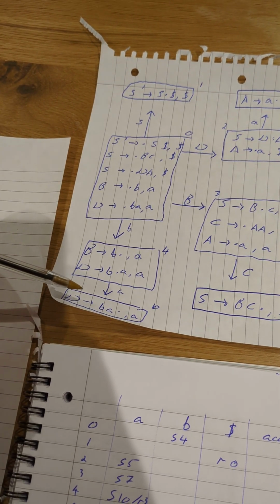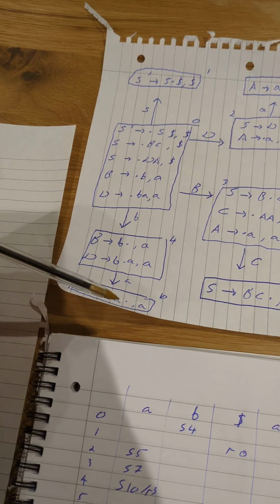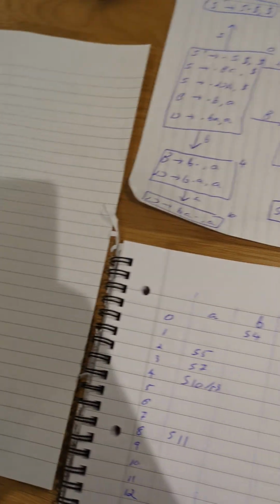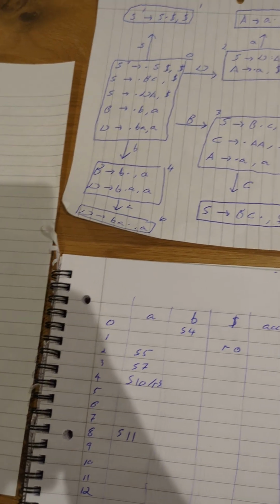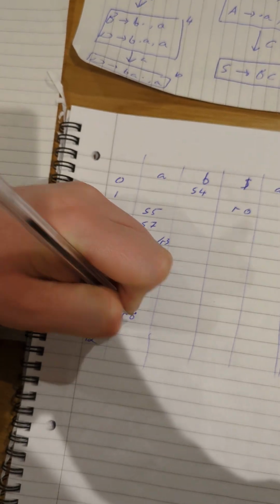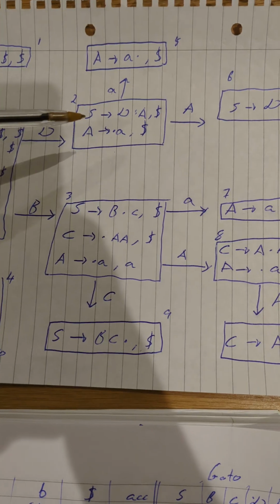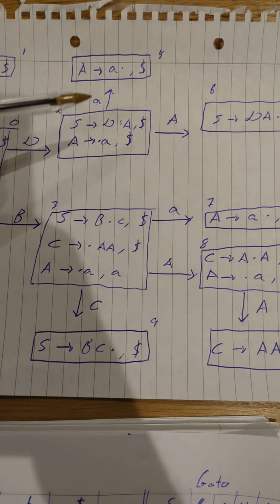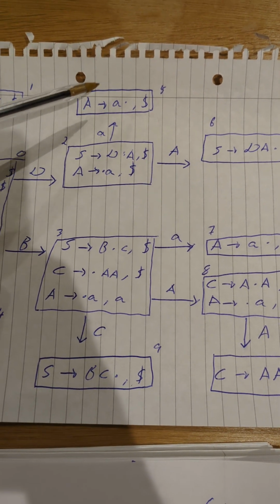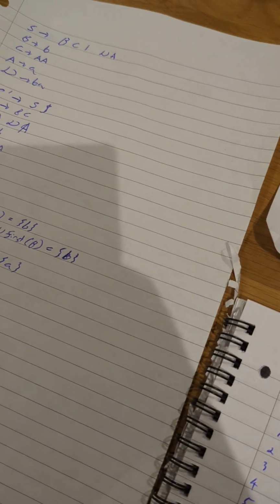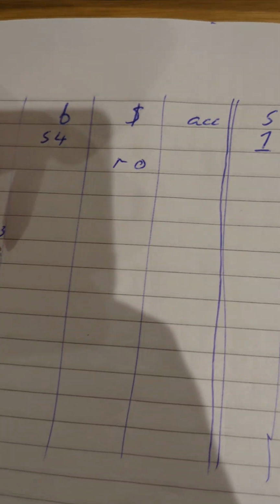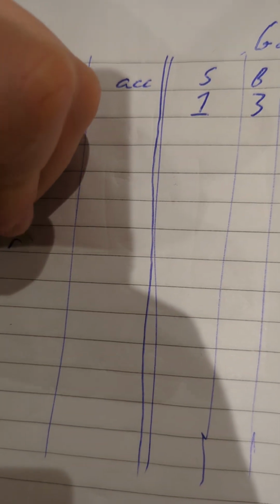If we're in state 10 and we get an a, then we apply rule D goes to BA, rule 6. So 10 a, apply rule 6. If we're in state 2, there's nothing to do. If we're in state 5 and we get a dollar, apply rule 5.